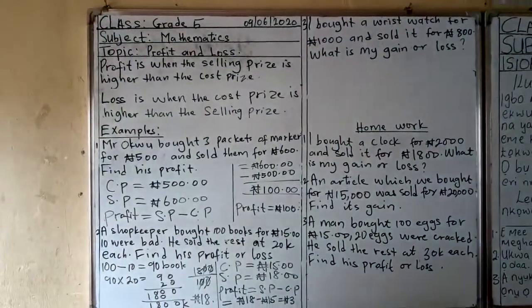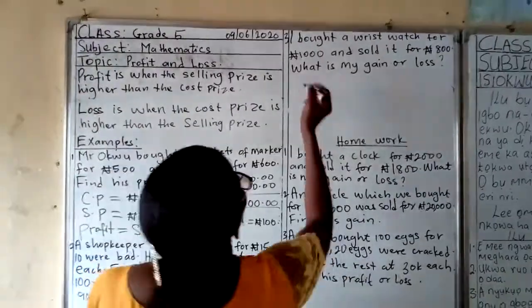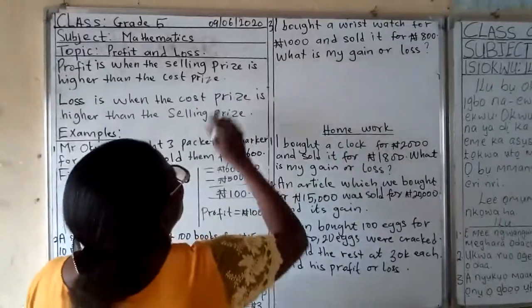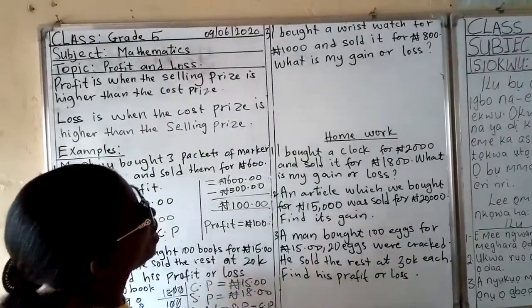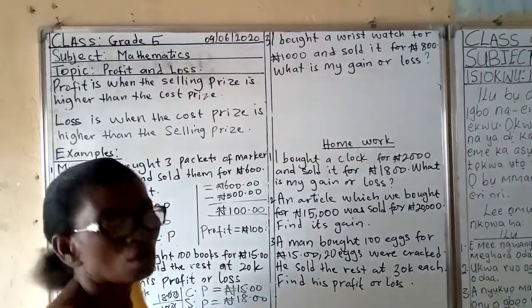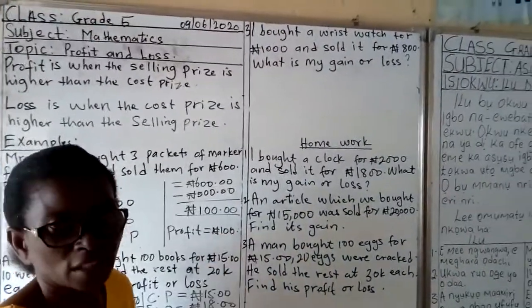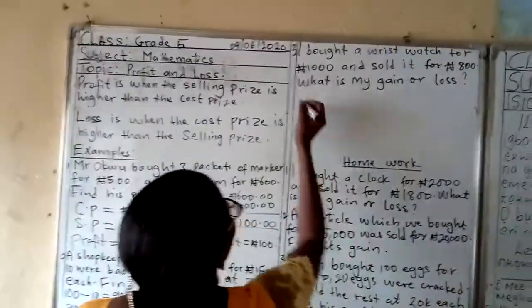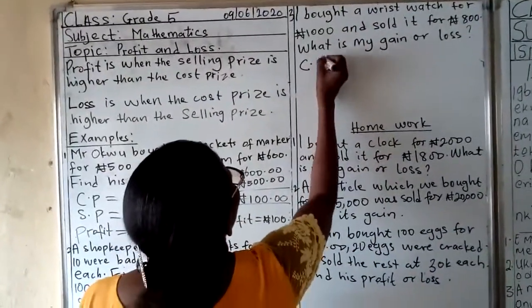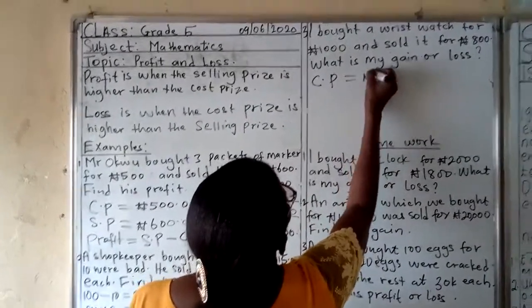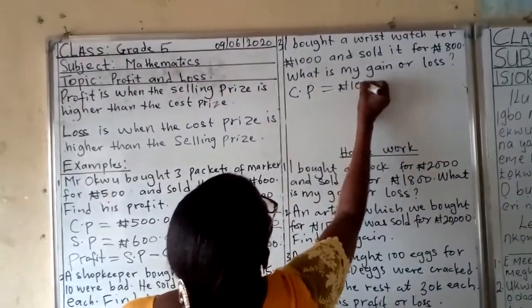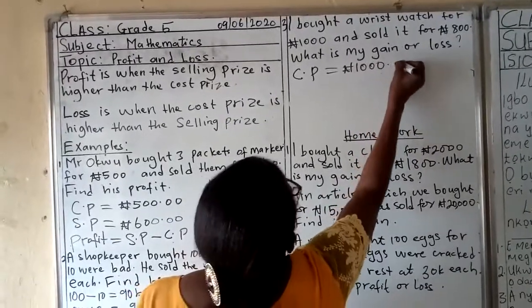Good. So, children, remember that CP means cost price, which is 1,000 naira.